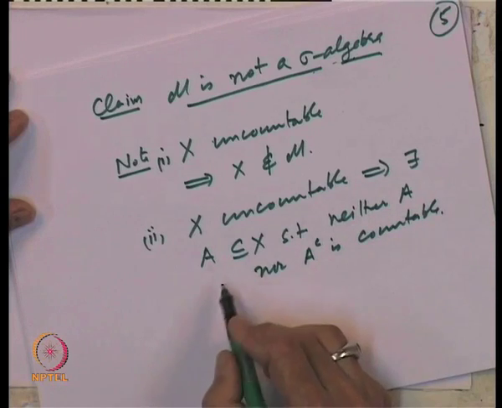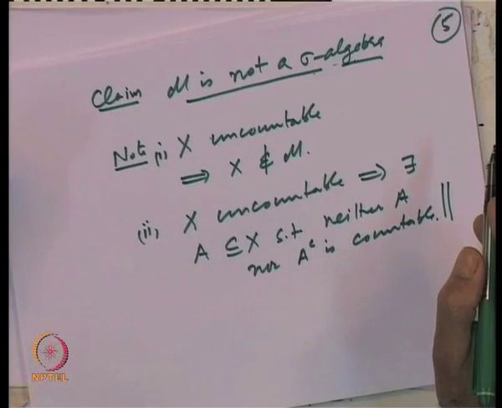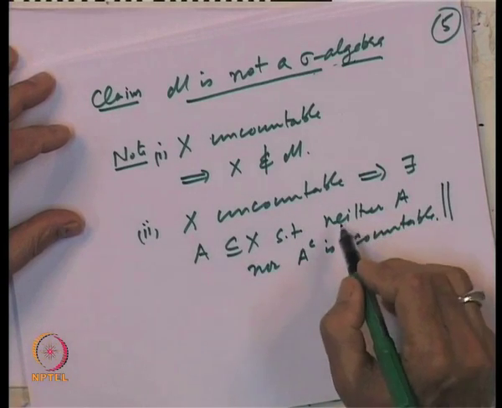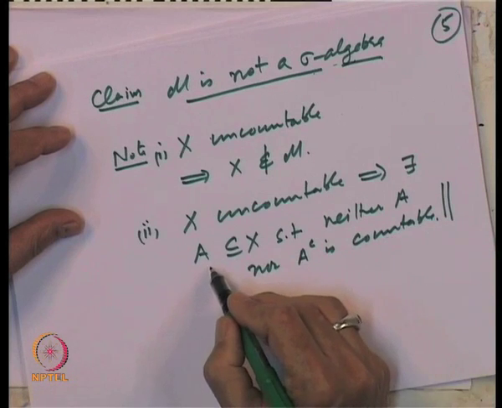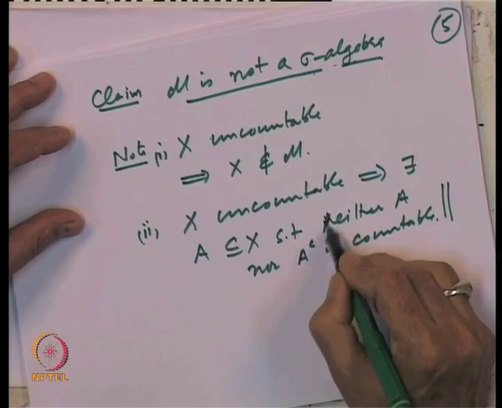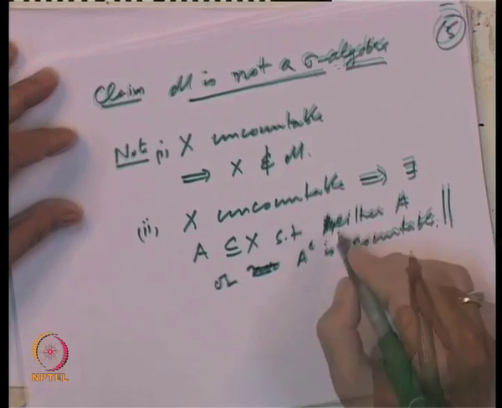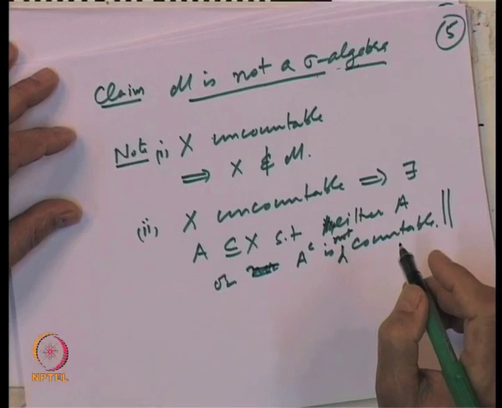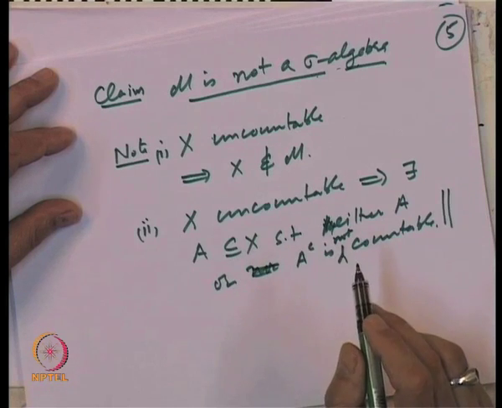Let us take a subset A of X such that either A or A complement is not countable, and that is possible, because if for every set A, both A and A complement are countable, then X will be a countable set.